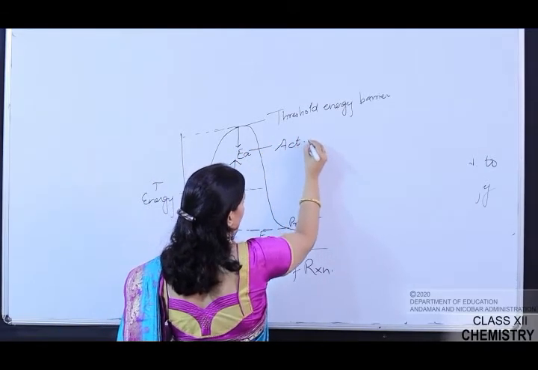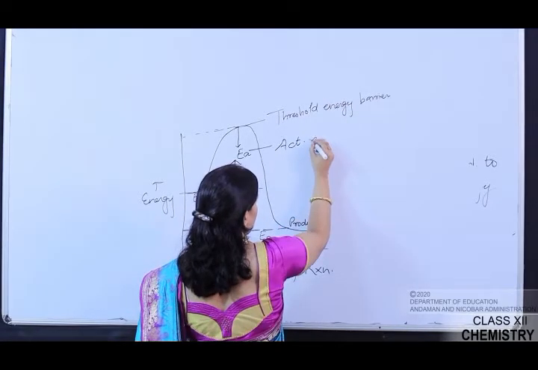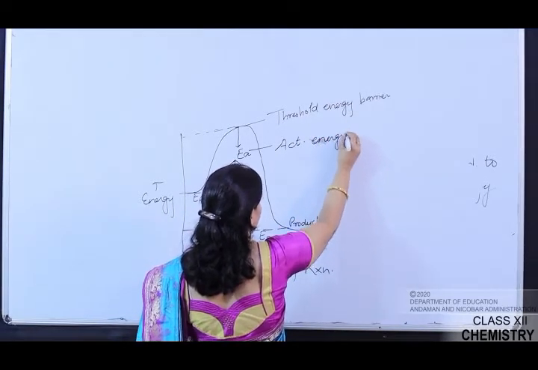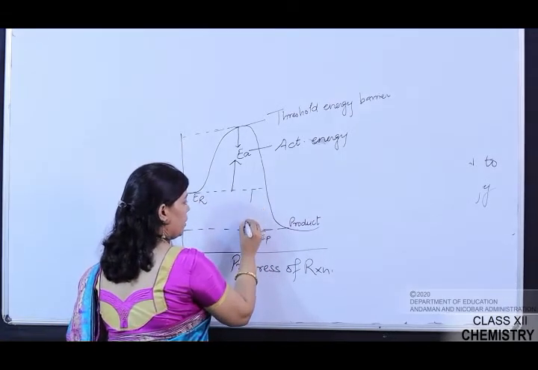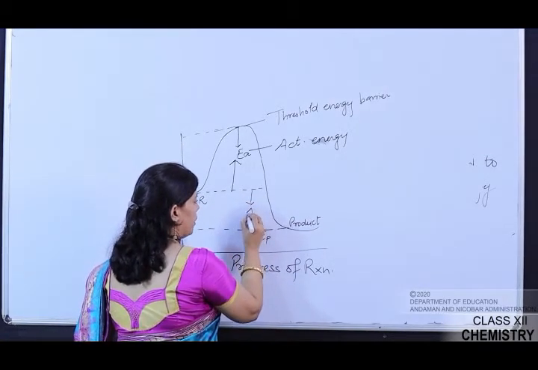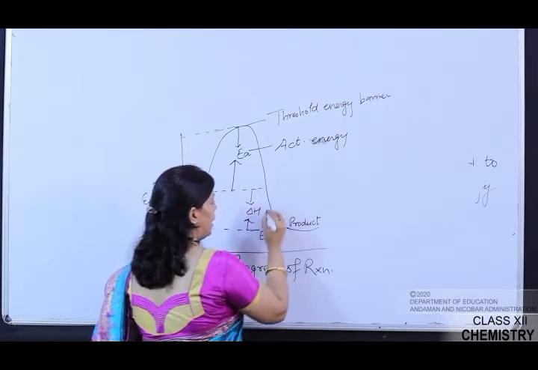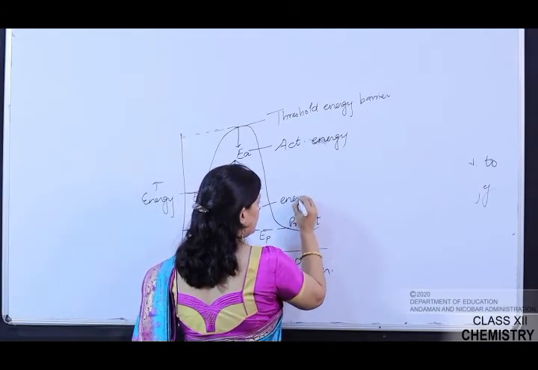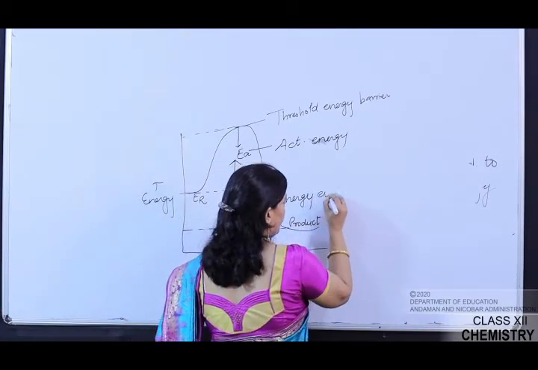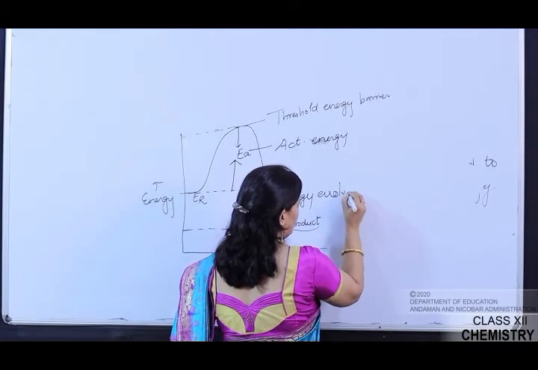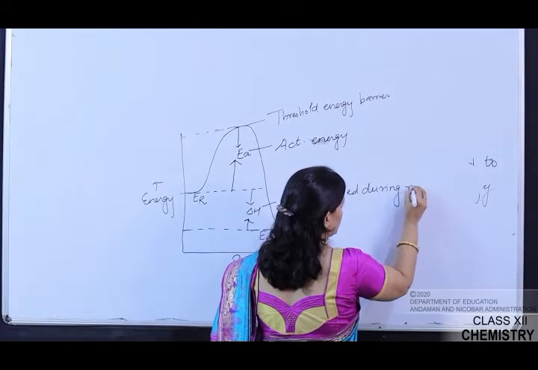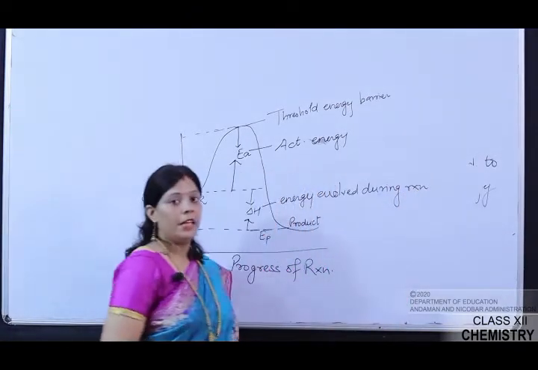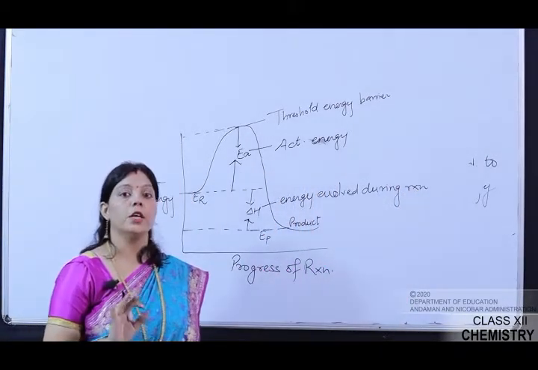This is the activation energy. And the difference between the energy of the reactant and the product is named as the enthalpy of the reaction, represented by delta H, and that is the energy evolved during the reaction. Hope students you understand the concept of the activation energy and the threshold energy.